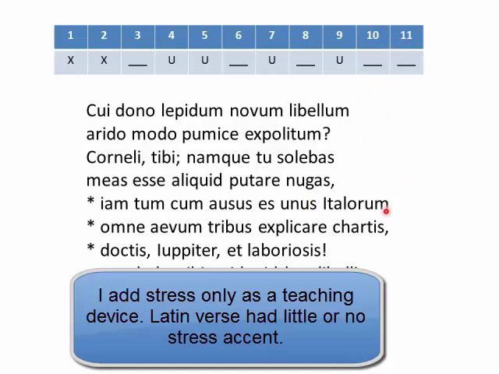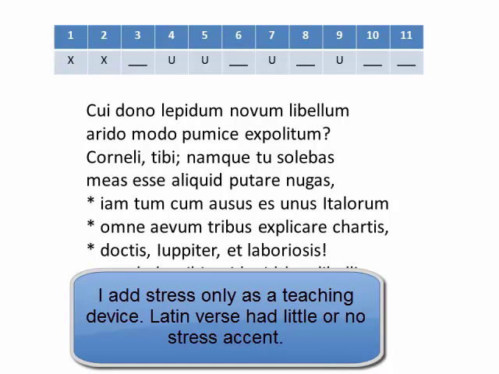Let's do that back again. Okay, good. Yam tum causus es unus italorum. That was an easy one because you've got longs in the first there.